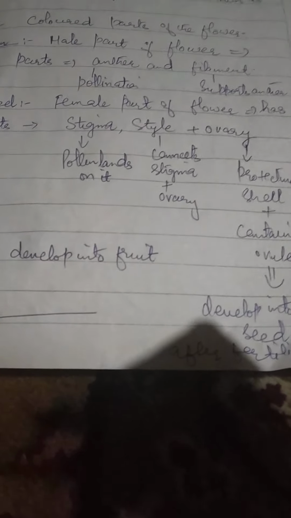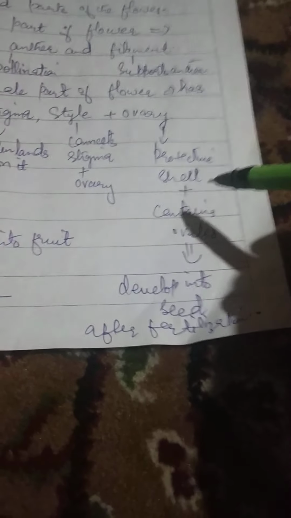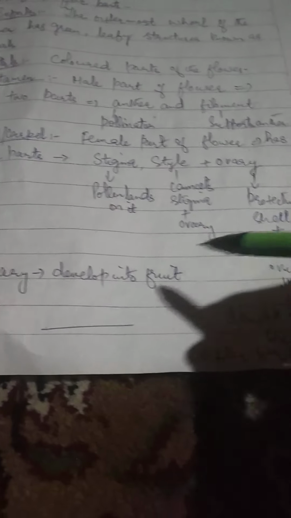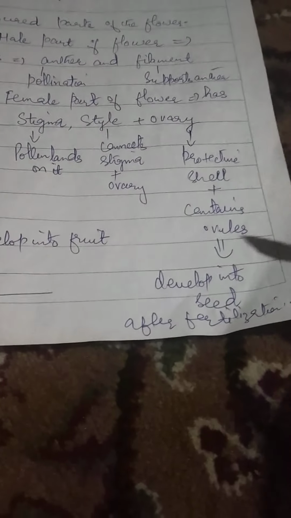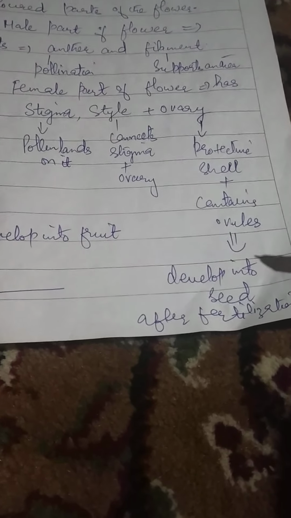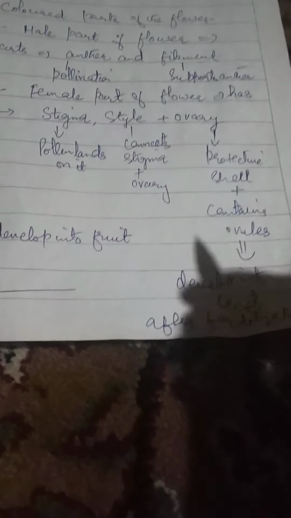Style is the connection between the stigma and the ovary. Ovary is the protective shell which contains ovules. After fertilization is done, ovary develops into fruit and the ovules develop into seed and produce a new plant.